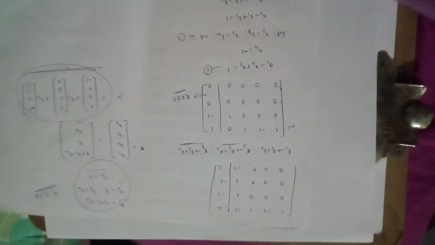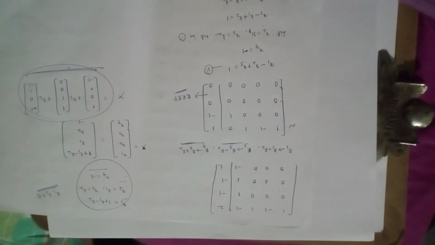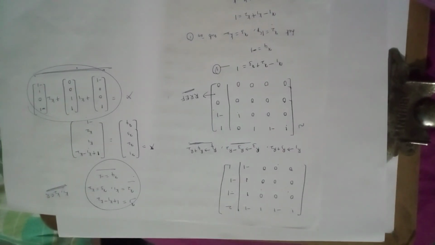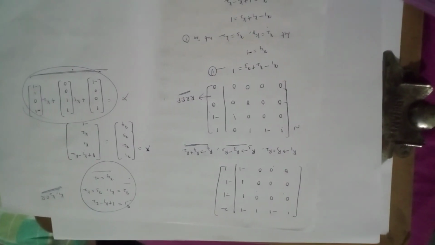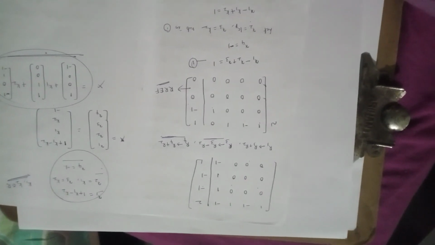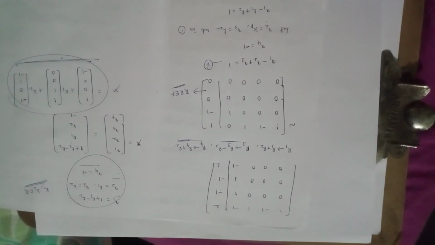Okay, next in R3 minus R2, so 0 minus 0 is 0, 0 minus 0 is 0, 0 minus 0 is 0, 1 minus 1 is 0, minus 1 minus of minus 1 is plus 1, so minus 1 plus 1 is 0. Okay, and after that we have to apply R4 plus R2. So we add R4 and R2, so 0 plus 0 is 0, 0 plus 0 is 0, 0 plus 0 is 0, minus 1 plus 1 is 0, 1 minus 1 is 0. This is the row reduced echelon form.